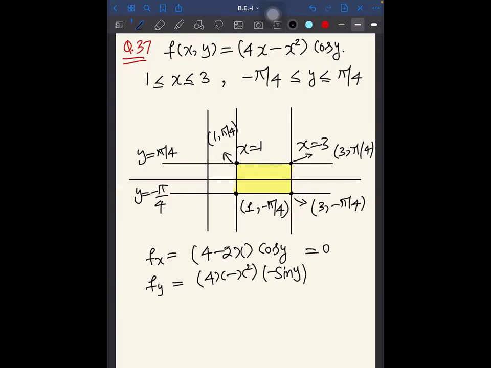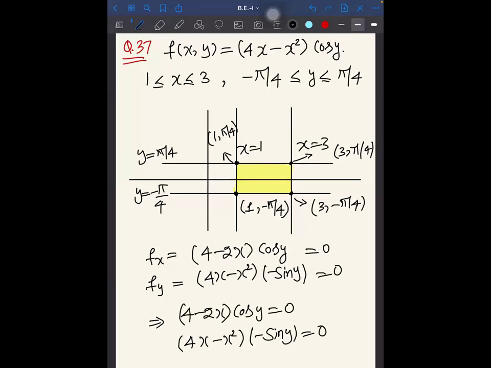Now you keep those things equal to 0. So 4 minus 2x into cos y is 0 and 4x minus x square into minus sine y is equal to 0.